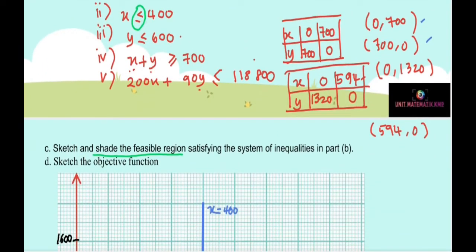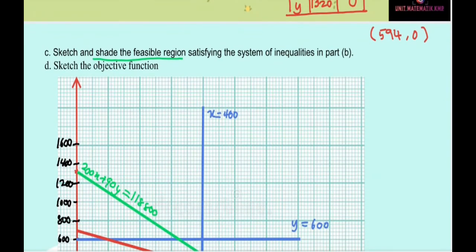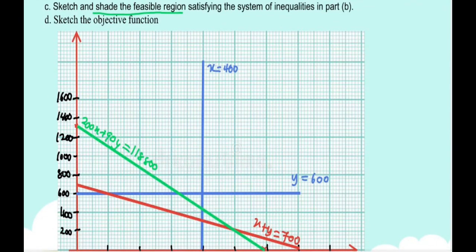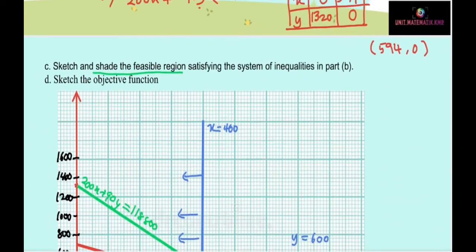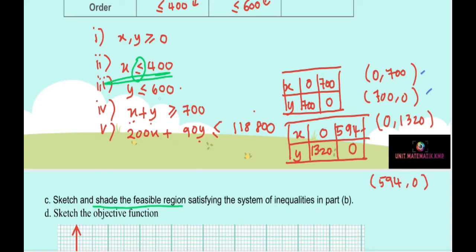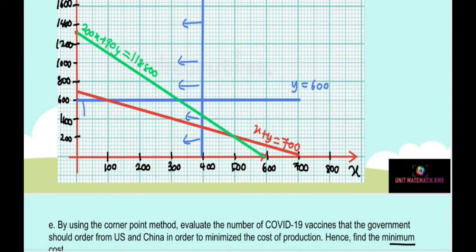For x less than or equal to 400, the feasible region must be less than this line, so I use an arrow. For the next inequality, it is less than again, so your feasible region must be below this line. I use an arrow.